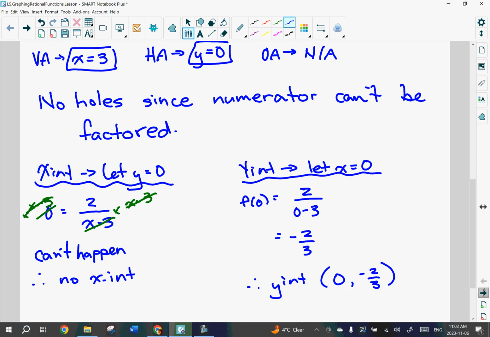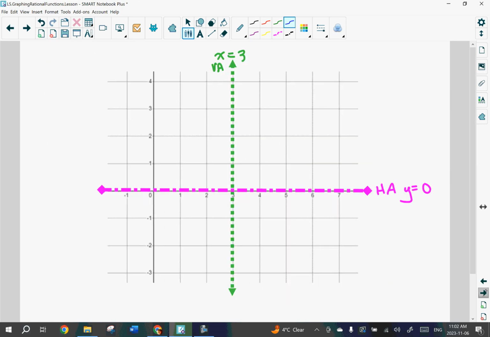I'm going to plot that. Negative 2 over 3 is negative 0.6666. Okay, I'm happy with that. I have a feeling it probably does something like this then. That's my guess. Let's just get more information.